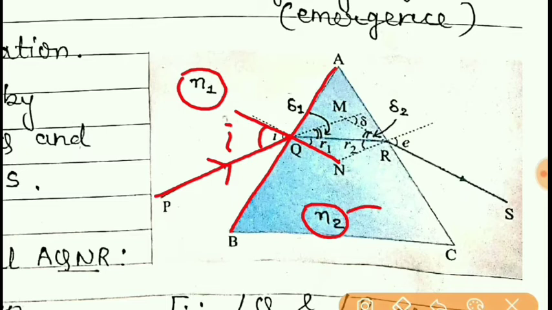This is the medium of the prism, of which it is made up. Suppose a glass, and here this medium is suppose air. Not necessary, it can be water also. Suppose the prism is kept in water, then this medium N1 will be water.